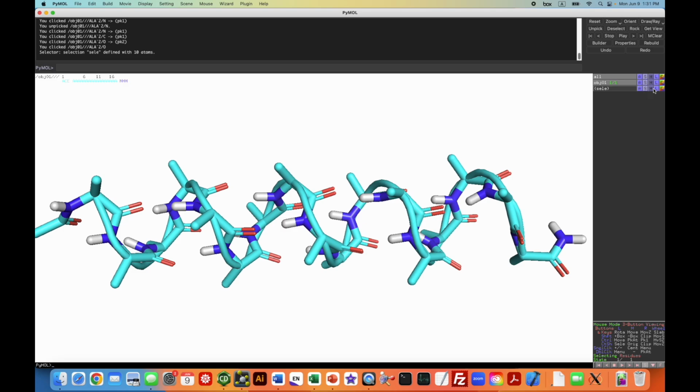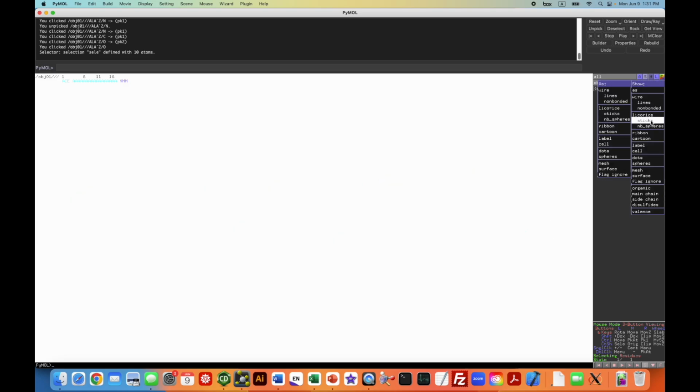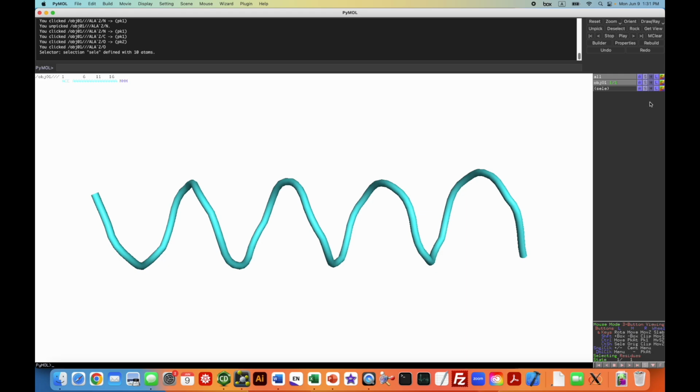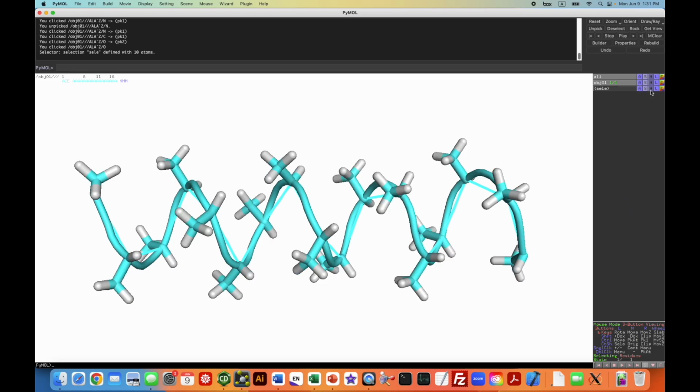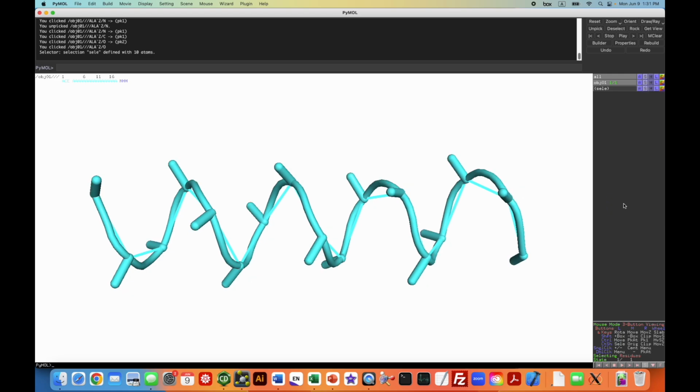And you can represent this as a cartoon that looks like that. Show ribbon, nope, cartoon is fine. And then you can also show the side chains. I'm going to hide the hydrogen atoms.